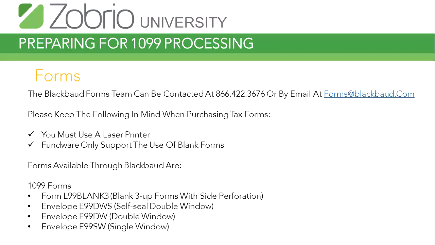So this is a recommended vendor, Blackbaud's Forms division, and these forms will indeed fit the 1099s themselves. Pretty much the form is just a 3-up, meaning when you look at it in portrait, it's copy 1, copy 2, copy 3. You have a few options when it comes to the envelopes: self-seal, single window, double window, and it really relates to the cost and what you want to do there.